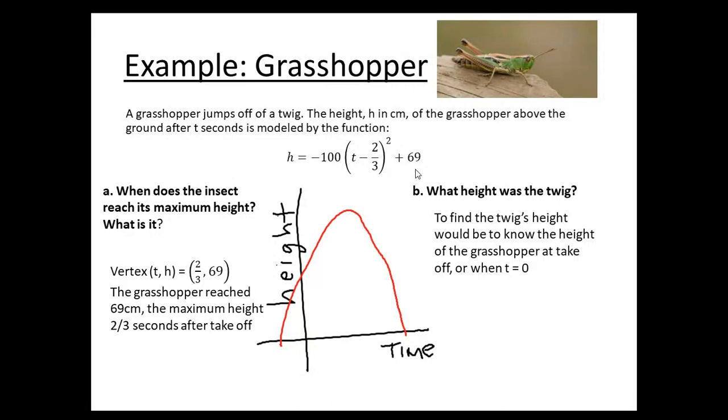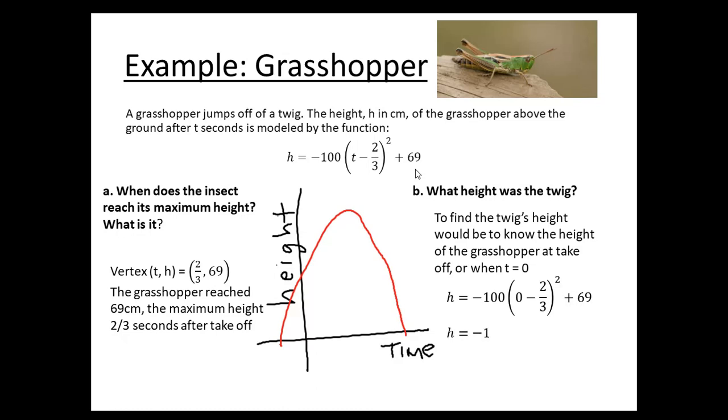Part B, what was the height of the twig? To find the twig's height, we have to know the height of the grasshopper at takeoff. So t equal to 0 would give us the grasshopper sitting on the twig. Let's substitute that in. h = −100(0 − 2/3)² + 69.